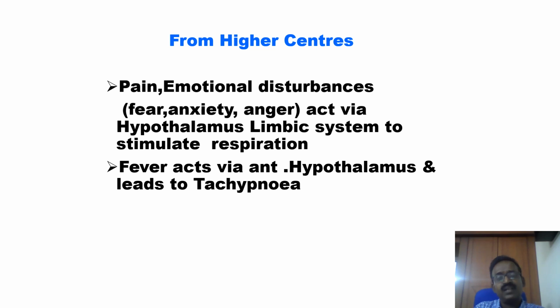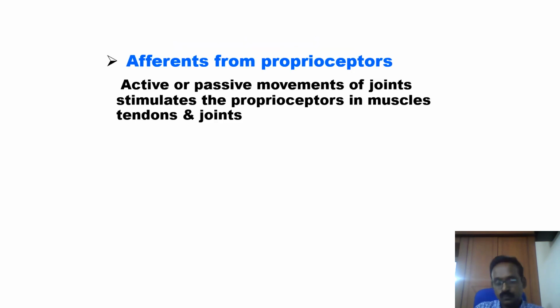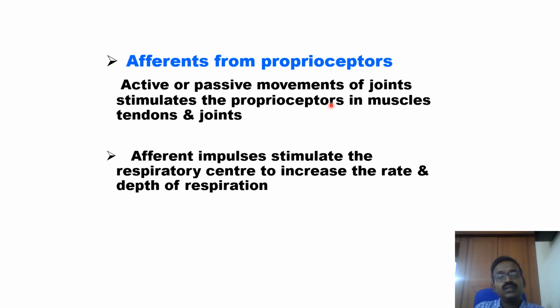During high fever, acting via the anterior hypothalamus, it produces tachypnea, it increases respiration. Active and passive movement of the joints stimulates the position receptors, the proprioceptors in the muscles, tendons or joints. This stimulates the respiratory center to increase the respiratory rate and depth of respiration. This is another way of increasing ventilation.